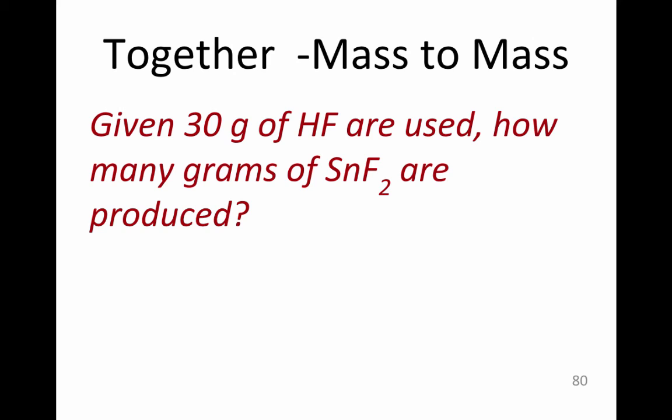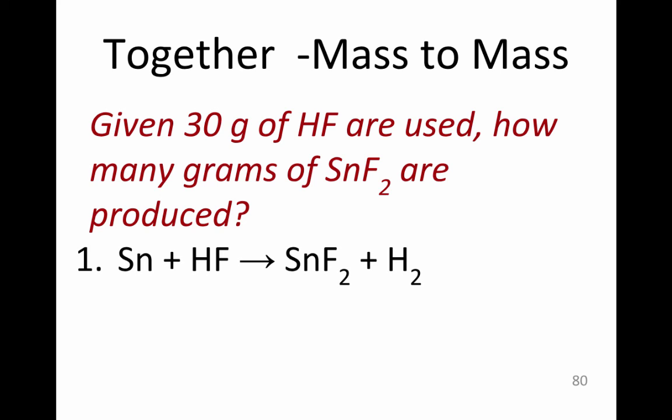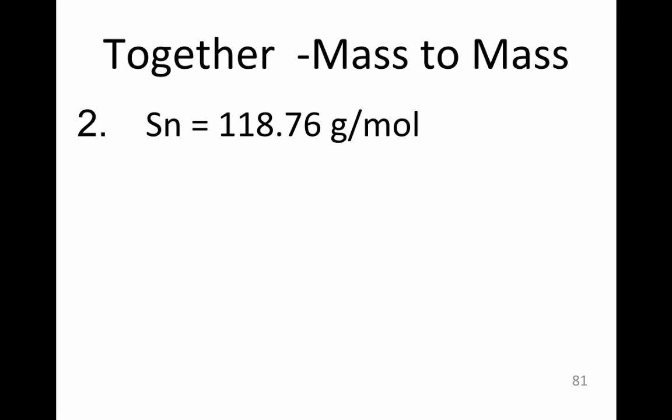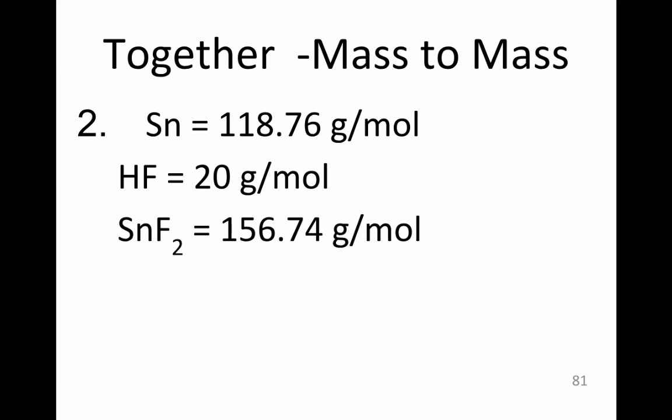Finally then, if you're given 30 grams of HF are used, how many grams of SnF2 are produced? Again, balance the chemical equation, 1, 2, 1, 1. Find the formula masses: hydrogen fluoride, tin fluoride, and diatomic hydrogen.